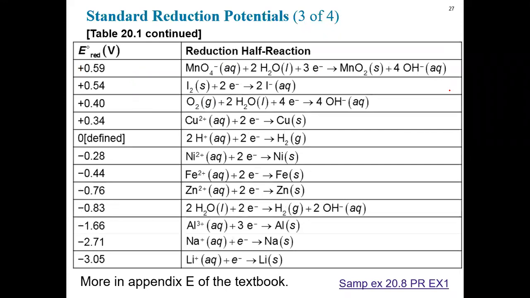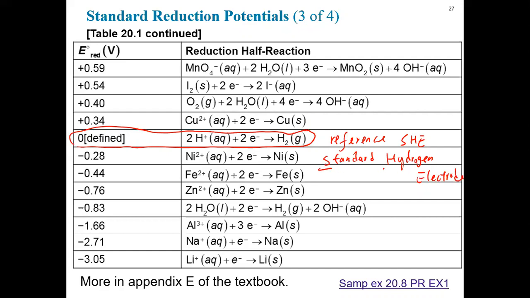Okay, so more data. In this table, we see our reference. We usually call that SHE. S means standard, H means hydrogen, E means electrode.